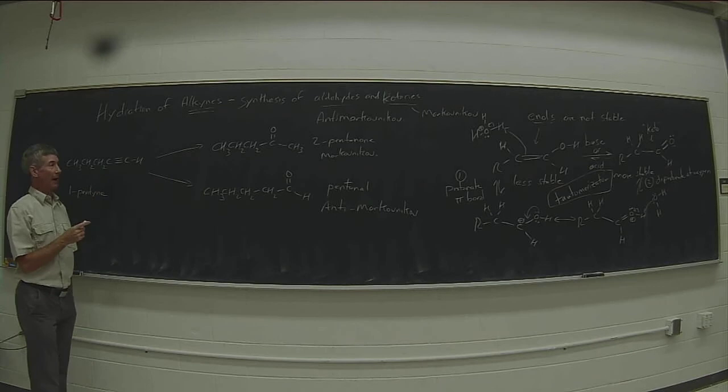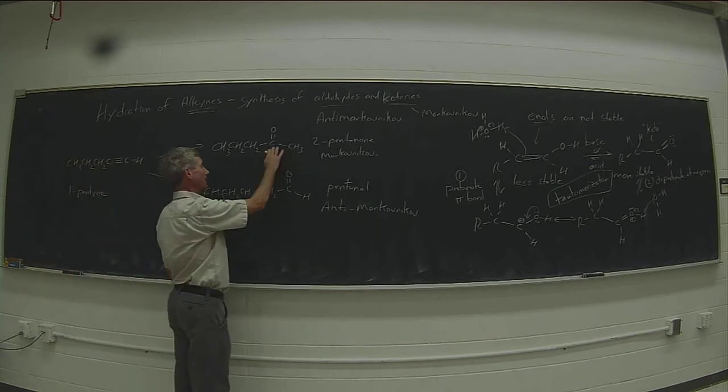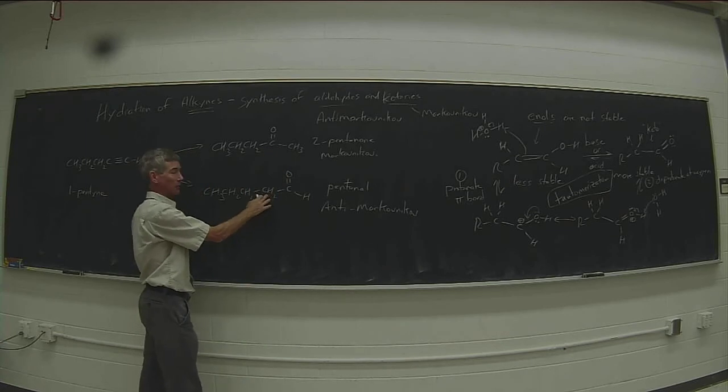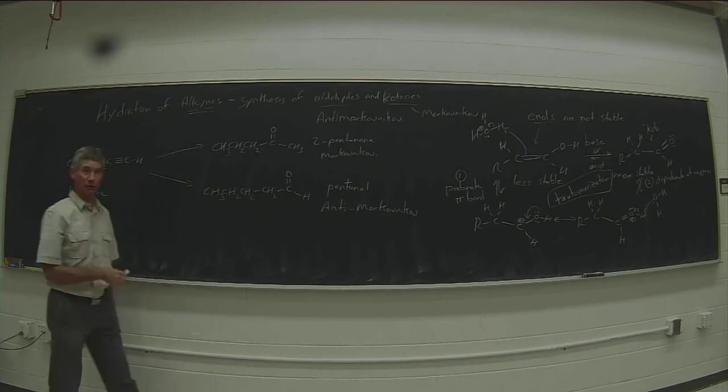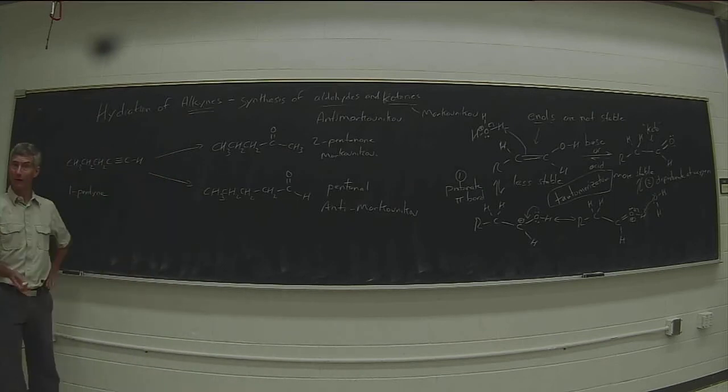In both cases, we've added water, but you'll notice we've added the 2 hydrogens to 1 carbon and the oxygen to the other carbon. The 2 hydrogens to the carbon in the 2 position, and the oxygen to the other, which is different from when we were hydrating alkenes, where we added the hydrogen to one end of the pi bond and the oxygen to the other end of the pi bond.